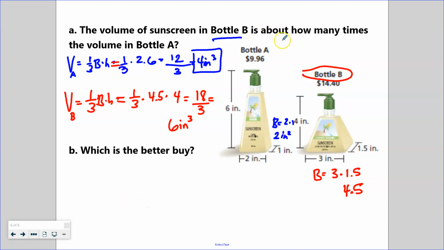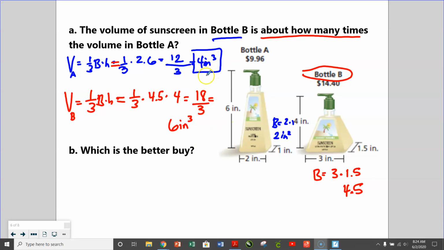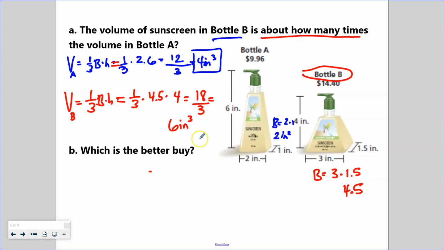All right. So how many times more is the volume? Just imagine that this is not going to be a whole number, obviously, because these numbers are not going to equally go into each other, right? So basically we want to say, okay, the larger one, volume B, is 6 inches cubed divided by the smaller volume of A, which is 4 inches cubed.